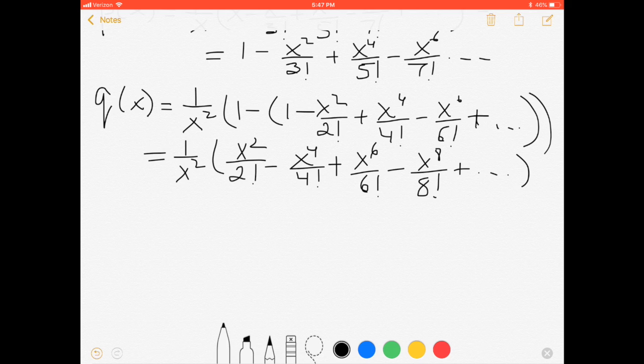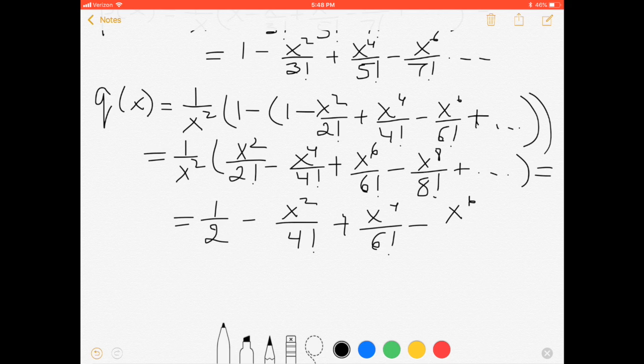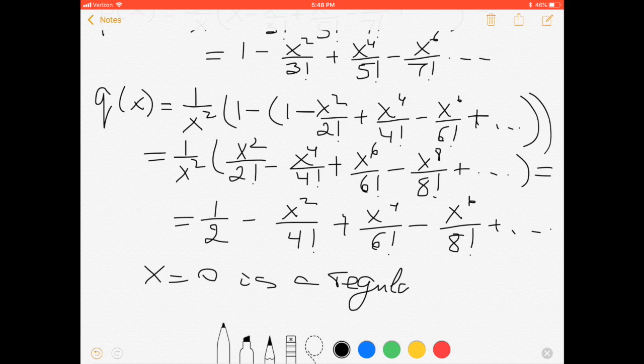Doing the same trick, distribute: you have 1 over 2 factorial, which is 1/2, minus x squared over 4 factorial plus x to the fourth over 6 factorial minus x to the 6 over 8 factorial and continue. This means this function is still analytic, and x equals 0 is a regular singular point.